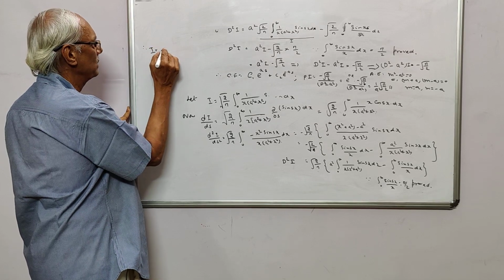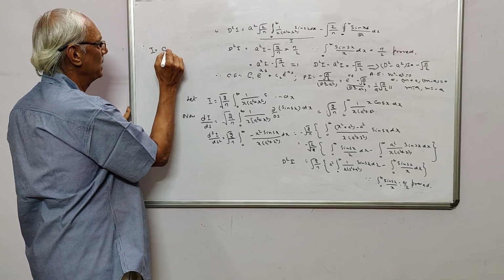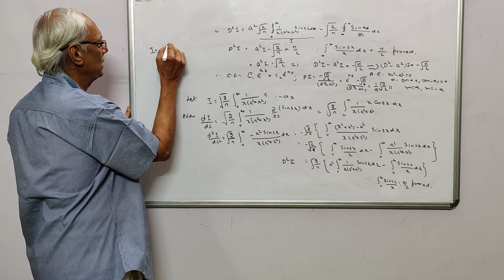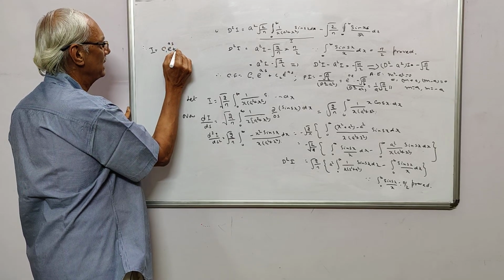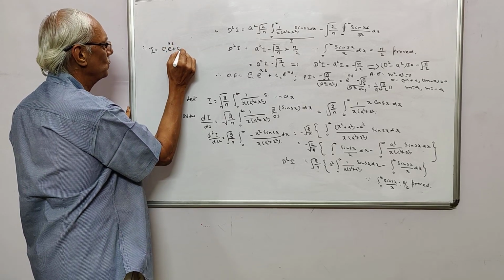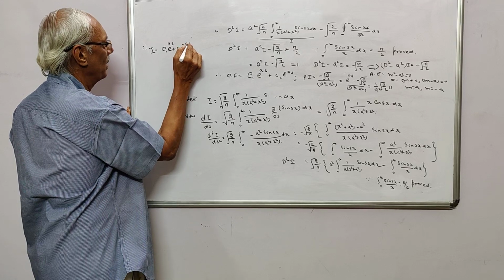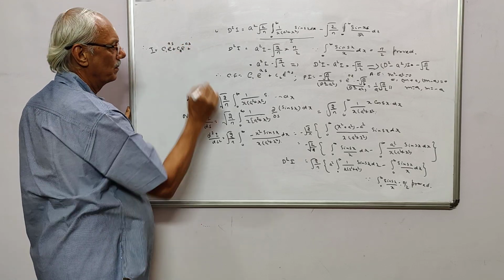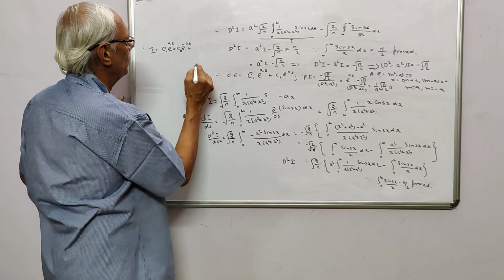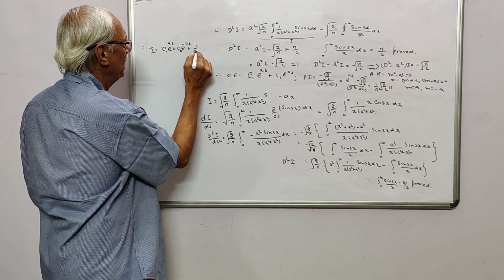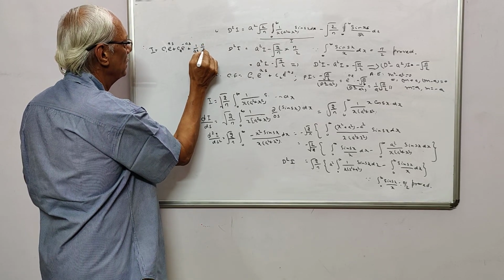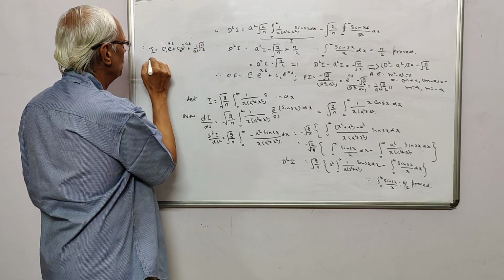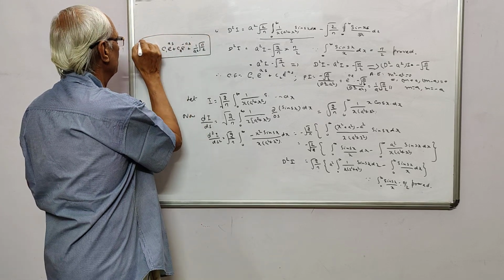I is equal to C1 e to the power of a s plus C2 e to the power of minus a s plus 1 by a squared into pi by 2. So this is your I.